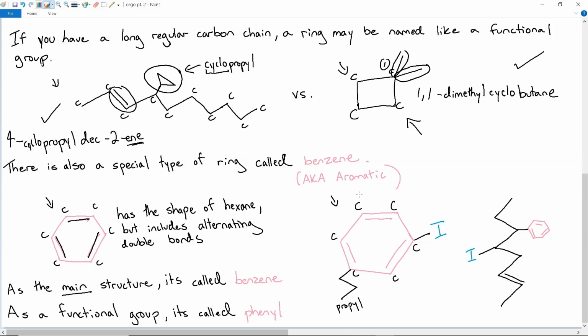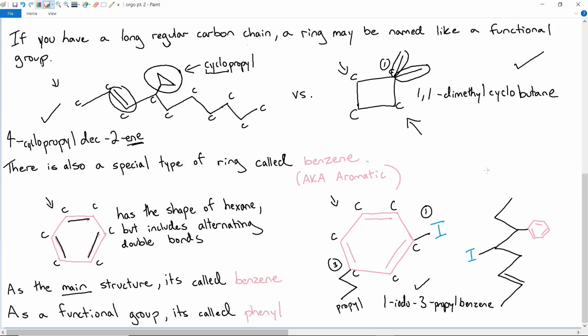We just need to number our branches to have the lowest numbering possible. And that would happen if I say that this is our first carbon. And so therefore this would be our 3rd carbon. So we are already in alphabetical order. This is going to be 1-iodo-3-propylbenzene.